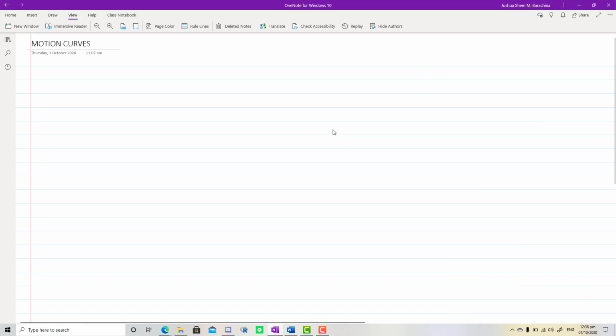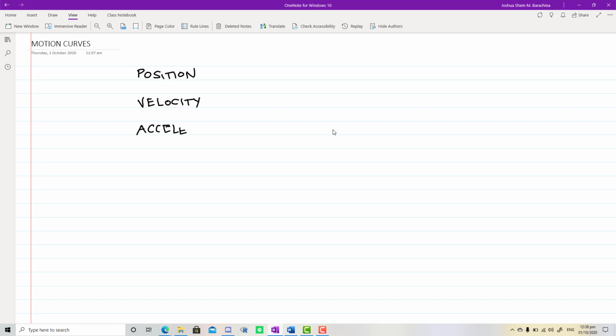So let's continue. Again, if you have your position, velocity, and acceleration, from position to velocity, and from velocity to acceleration, anong process yung ginagawa natin?